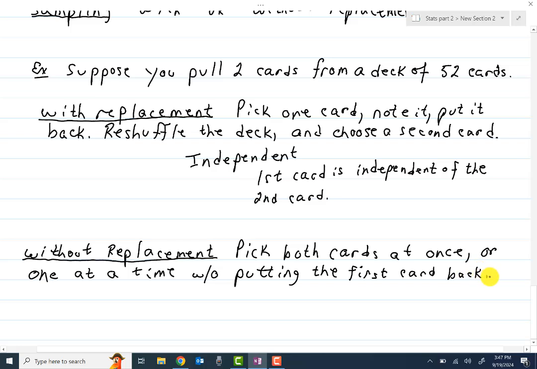Now this is different. These are not independent now. These are going to be dependent, because when I take the first card and don't put it back, there's not 52 cards in the deck. There's only 51 cards. So when I talk about the probability of anything with regards to the deck that's left over, those 51 cards, all of my probabilities will have a denominator of 51, which is not a denominator of 52. So you can see this second situation affects the probability of the second thing that you do.